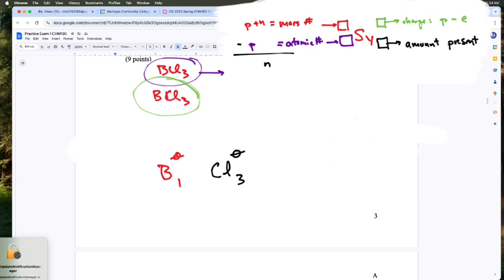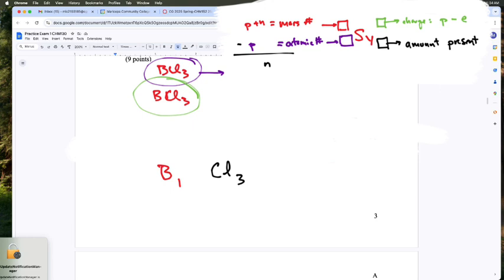Should I be worried about the charge? Well, if I'm going to put together a molecule, I probably don't care about the charge on the individual atoms. I care about the charge on the overall molecule, which means I could drop this one, and then this one is going to change to not being associated with chlorine anymore. It's going to be associated with the entire molecule. And if it's neutral and going to be 0, why should I bother to write the number? Yeah, good point. Let's not write it.